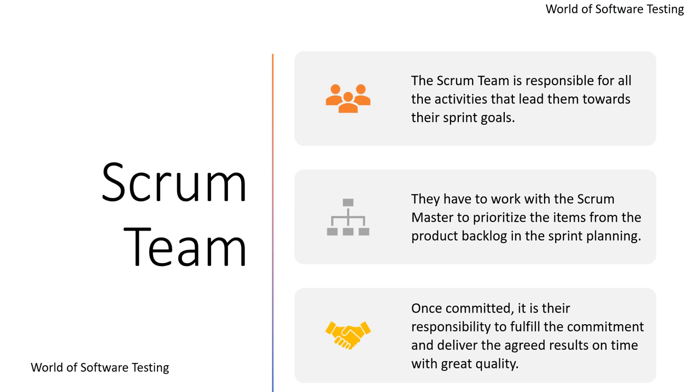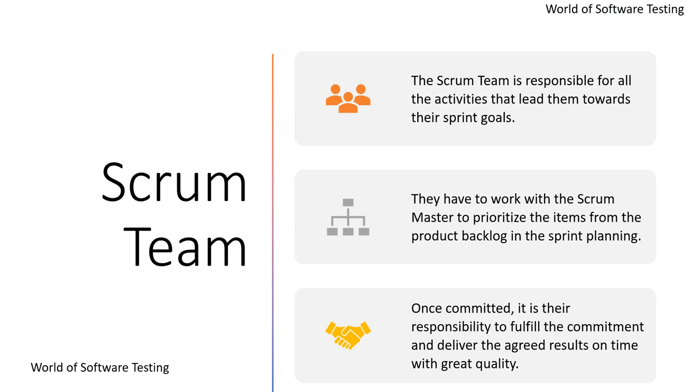Once committed, it is their responsibility to fulfill the commitment and deliver the agreed results on time with great quality. The Scrum Master is not responsible for keeping the team organized. It is the duty of the Scrum team to be self-organized. And the Scrum team has to be agile in the office and attend every stand-up and the ceremonies.